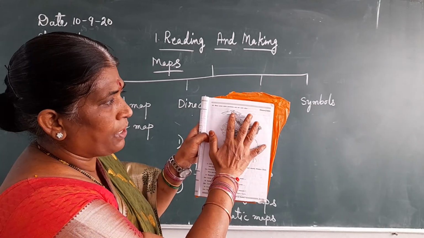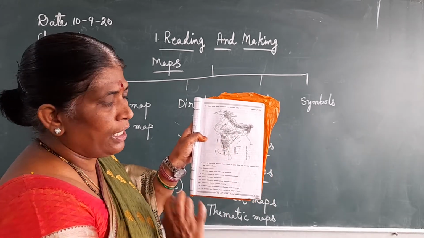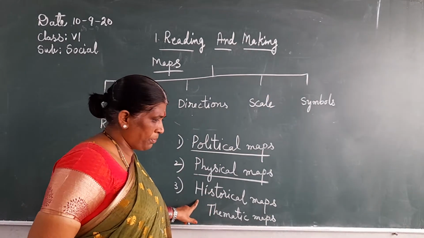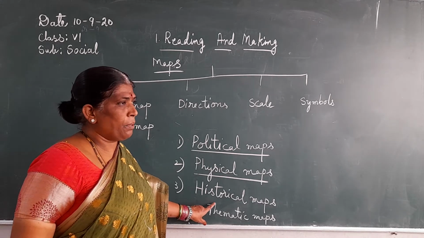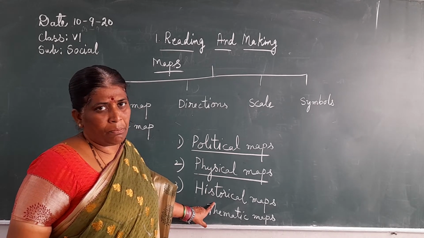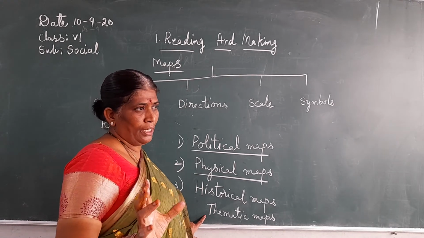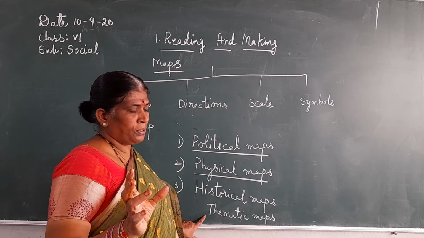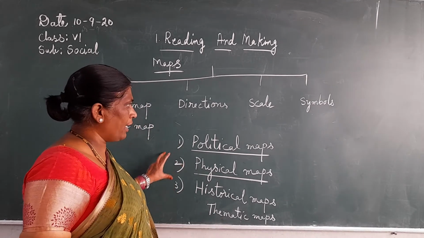That type of map is called a physical map. Historical maps show the historical places. Thematic maps show a specific thing like rainfall or crops. Okay ma'am, did you get the idea now?